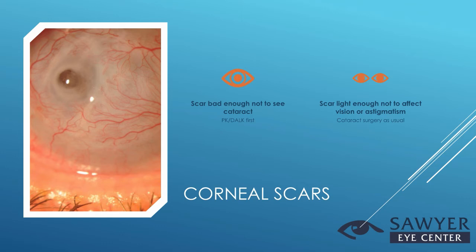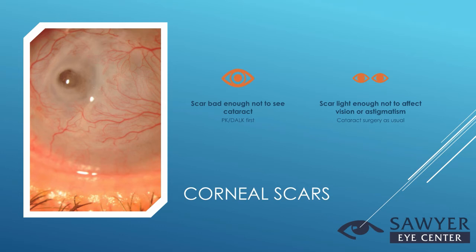So these are some easy scenarios. If a scar is really bad and you can't even see the cataract, or you can't see it well enough to be able to perform cataract surgery safely, then they're going to need a penetrating keratoplasty or a DALK first, or a triple procedure to be able to deal with the cataract.